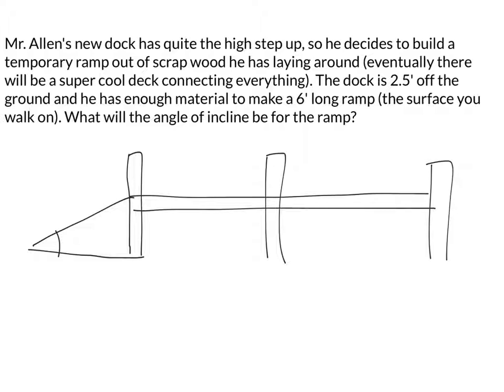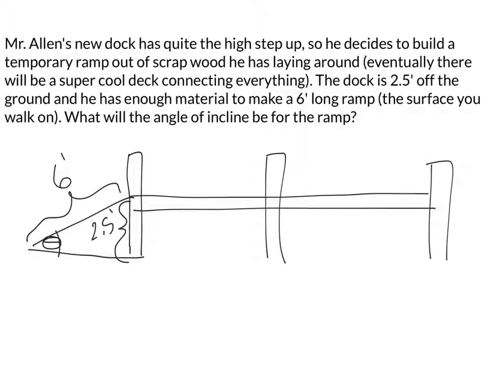Well, that's a great question. What kind of angle are we going to get? I said that this is going to be 6 feet, and we said that this length was 2.5 feet. I want to figure out this angle, oftentimes notated as theta, that little O with the line through it.